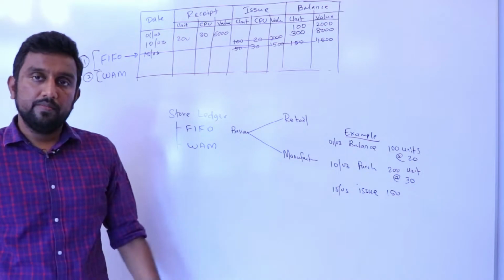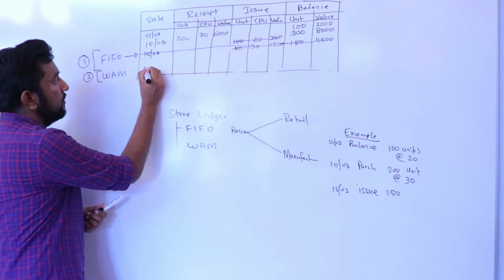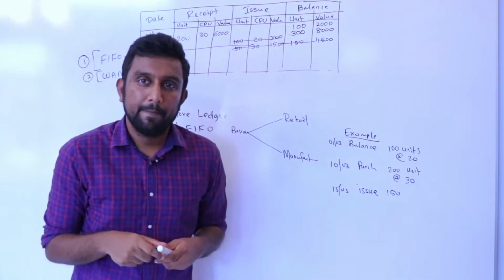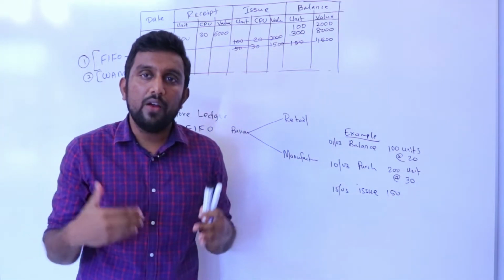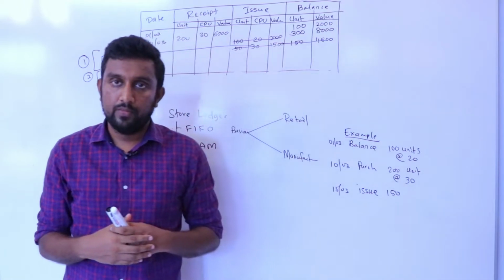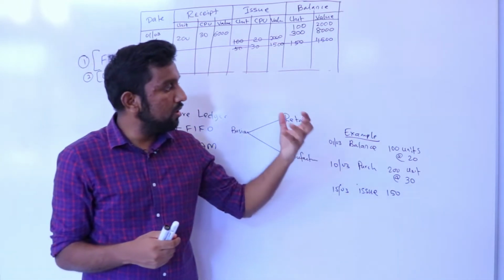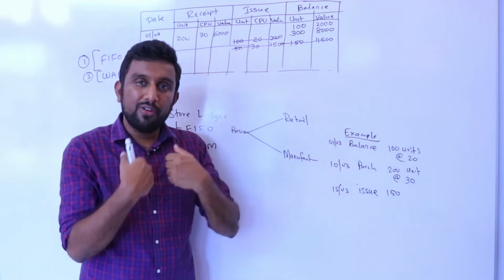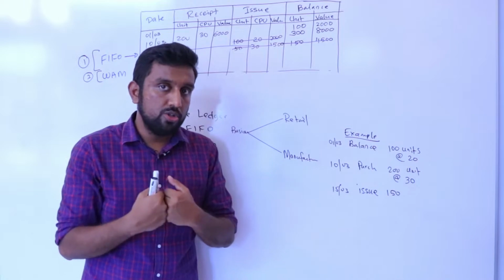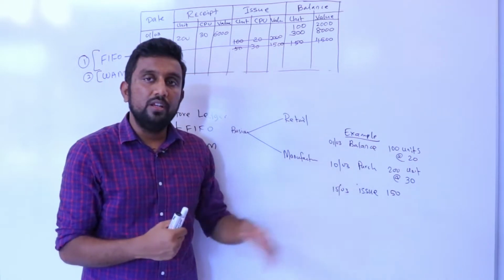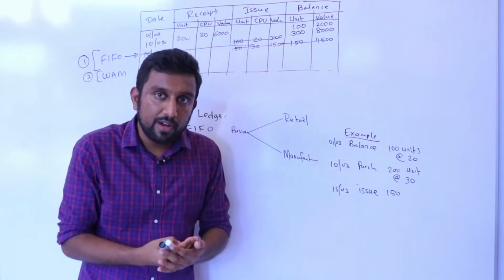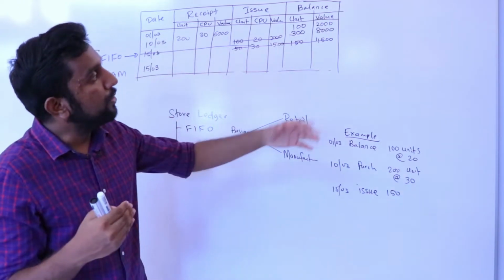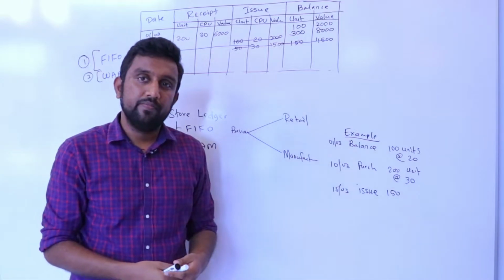So weighted average method. Again I put the date 15th and I have to issue 150. In weighted average method, we have to go with the average cost. Therefore I don't worry about which one is the priority. I need to find my average cost on the date when we are issuing to the production plant or to the customer.